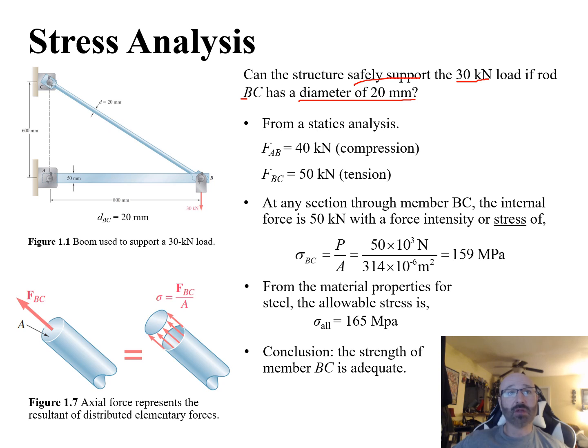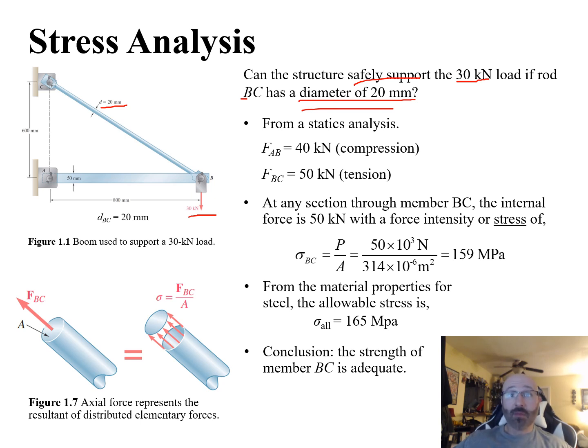This was given to us in the initial problem, and we hadn't used it to solve for the forces in our members. But now we'll bring it in for stress analysis to answer whether the structure can safely support this load if it's only 20 millimeters in diameter.